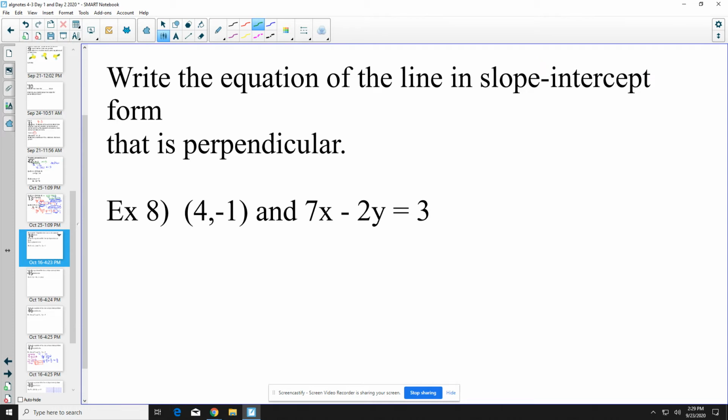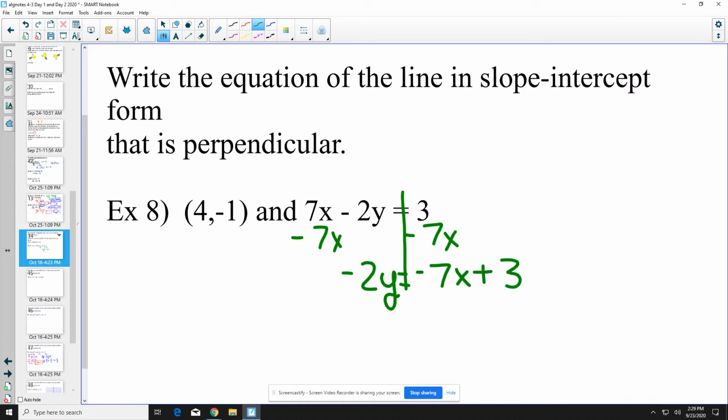Okay, we're going to take this equation and we're going to solve it for y. So our first step would be to subtract 7x. Be careful, I'll have a -2y here and then -7x plus 3. Then I divide by -2.